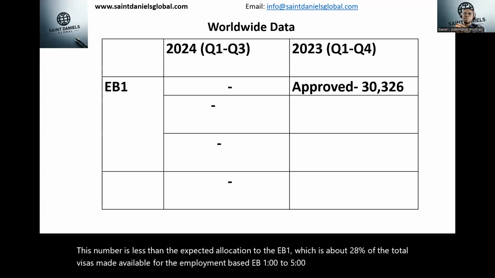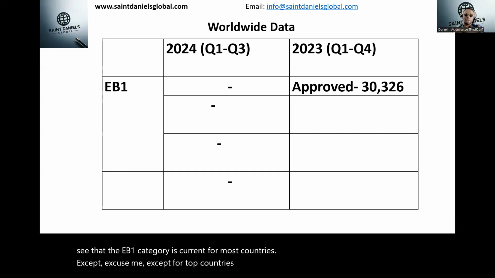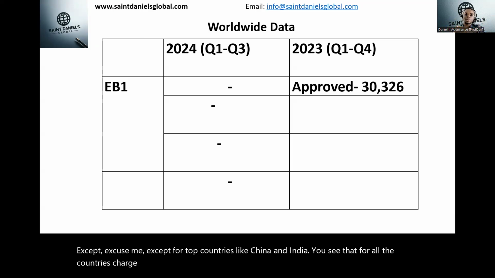And that's why you see that the EB1 category is current for most countries, except top countries like China and India. For other countries, the chargeable employment-based visa category EB1 has been current so far.